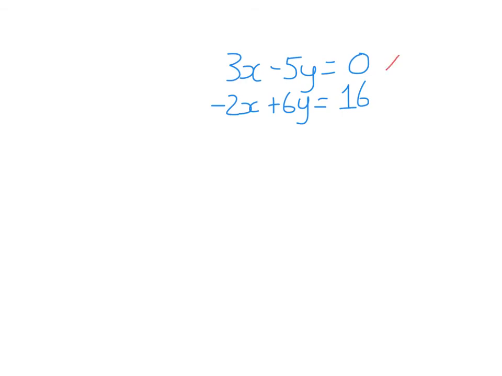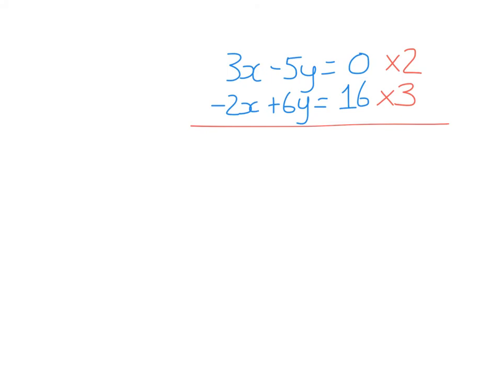If I multiply this top equation by 2, then the coefficient of x will be 6. If I multiply the bottom equation by 3, then this will become a minus 6x. The x's will have the same coefficient in both equations, then I can eliminate the x's.